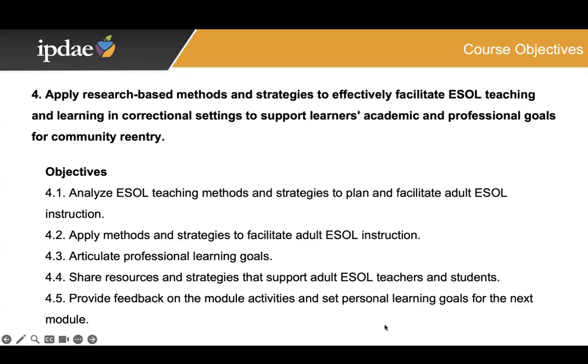So the way that we accomplish this is through, for example, 4.1 analysis of ESOL teaching methods and strategies to plan and facilitate adult ESOL instruction. So you can see here there's always an initial analysis, right, of these methods, strategies, and theories, and then there's an application. So applying methods and strategies to facilitate adult ESOL instruction.